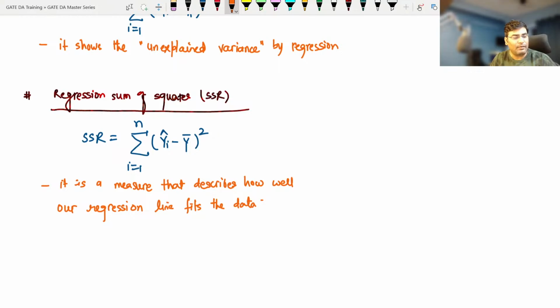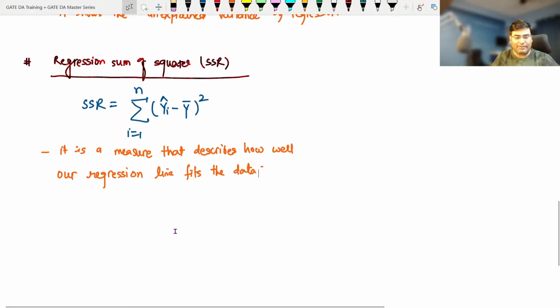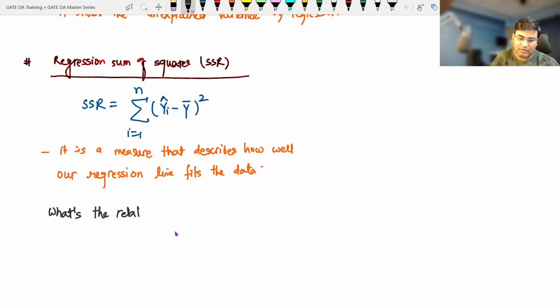Now tell me one thing. I'm putting a question there. What's the relation between SSR and SSE? What do you guys think? See, we know that SST is equal to SSR plus SSE, but what is the relation between SSR and SSE?